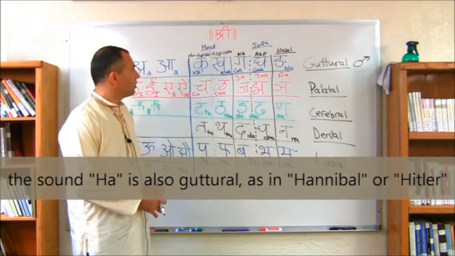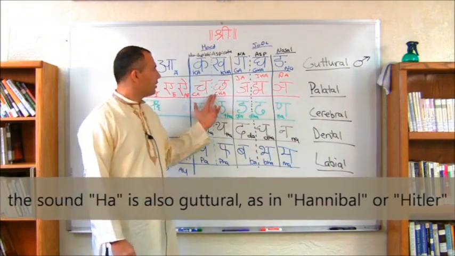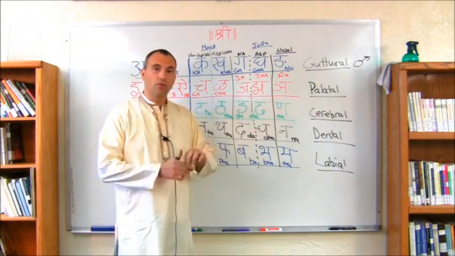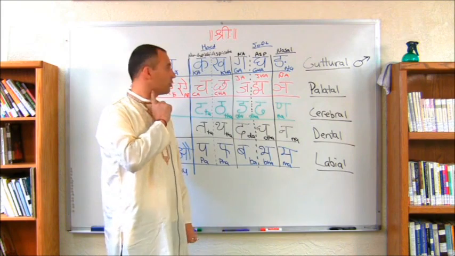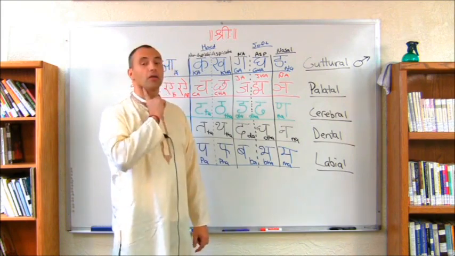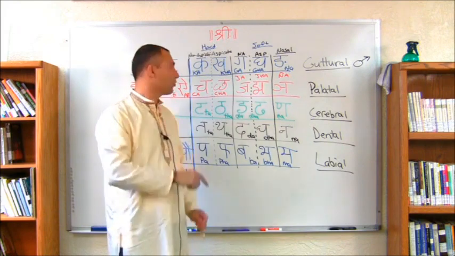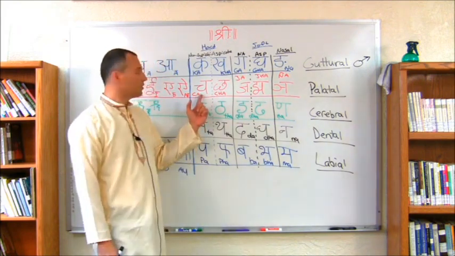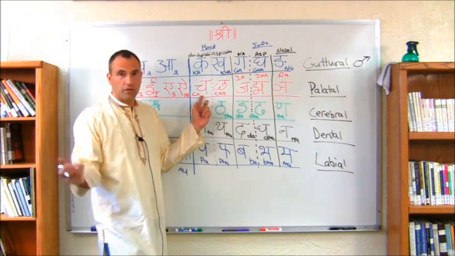Okay? By contrast, the palatal sounds, now we're going to move the tongue a little bit forward in the mouth. Refer to your illustration. So instead of K, we're going to say Ch. Now the tongue is moved a little forward. So the first sound is Ch, just like our chair.